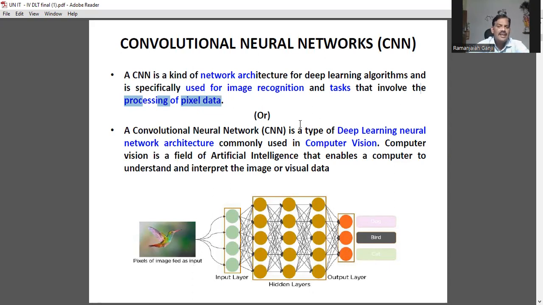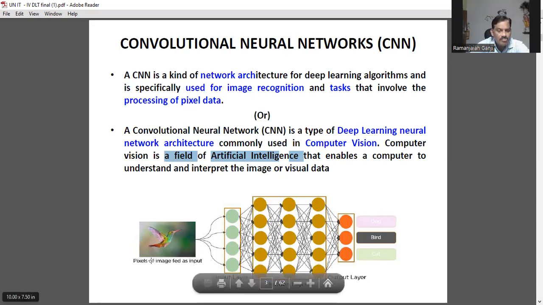A CNN is a type of deep learning neural network architecture commonly used in computer vision. Computer vision is a field of artificial intelligence that allows a computer to understand and interpret image or visual data. Whatever data we give, that information is understood and produces the required outcome.